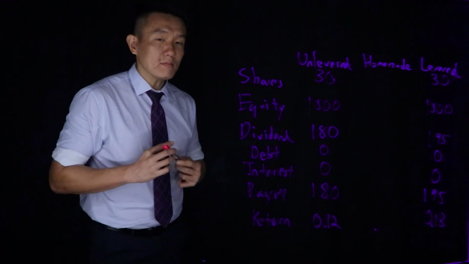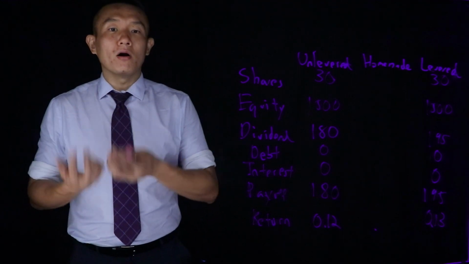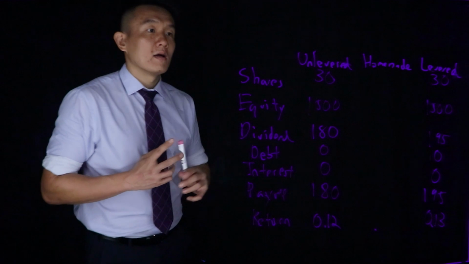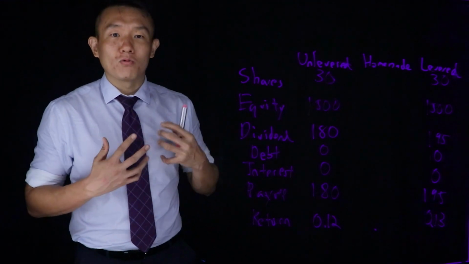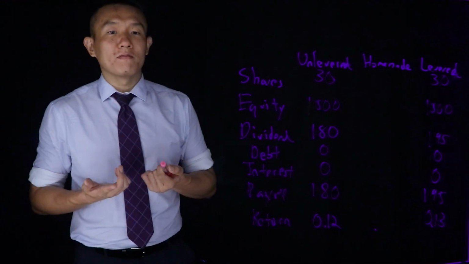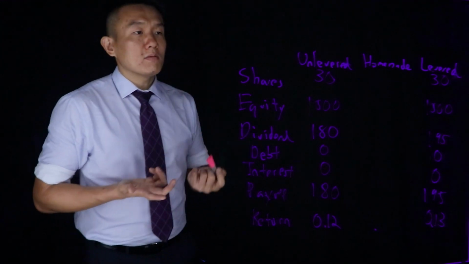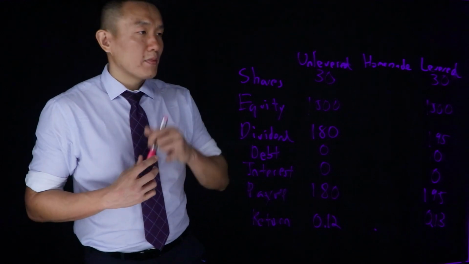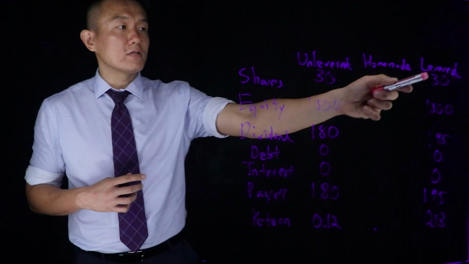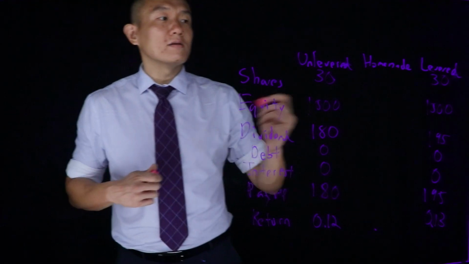Well, if the investor can replicate leverage by borrowing, an investor can also replicate deleveraging by selling some of their shares and then lending it out. So let's imagine the investor in the levered firm is going to sell 10 of their shares.